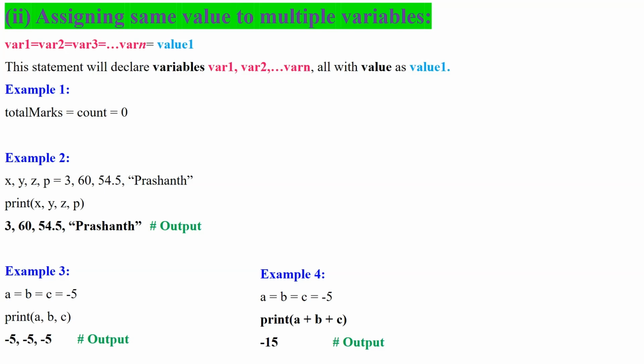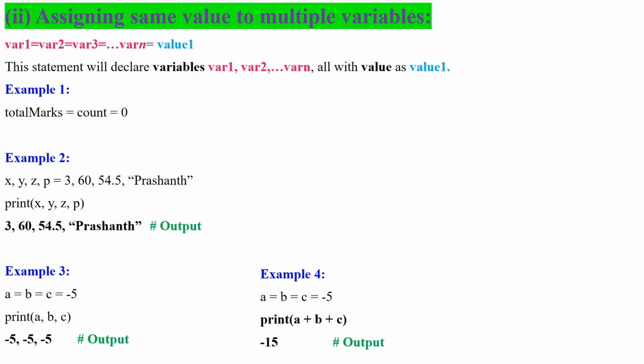In example 2, the variable x is assigned the value 3, y is assigned the value 60, z is assigned the value 54.5, and p is assigned the string value %. After executing this code, x holds the value 3, y holds the value 60, z holds the value 54.5, p holds the string value %.